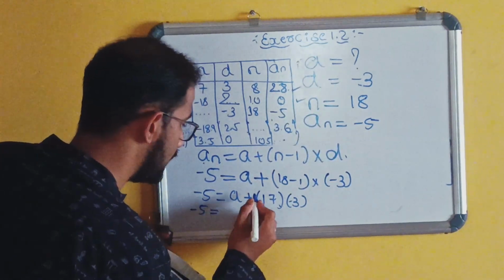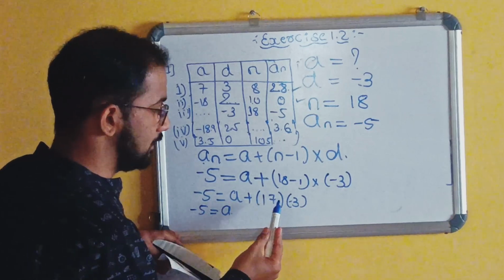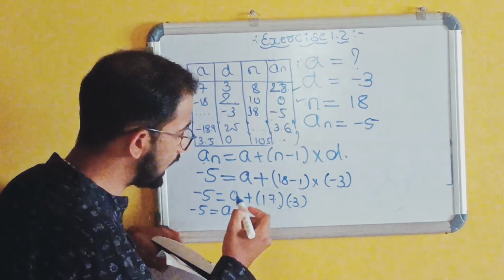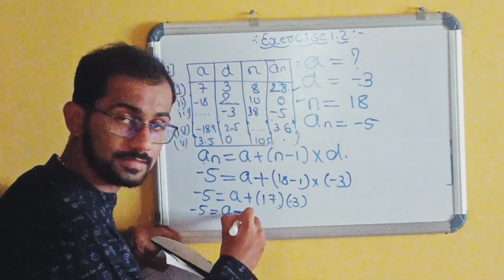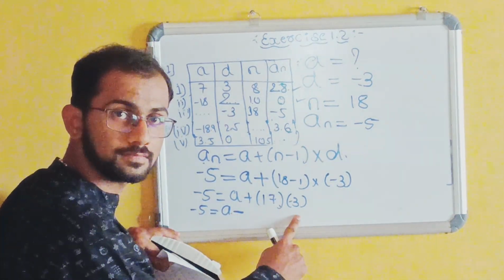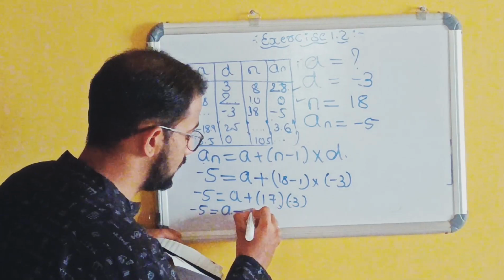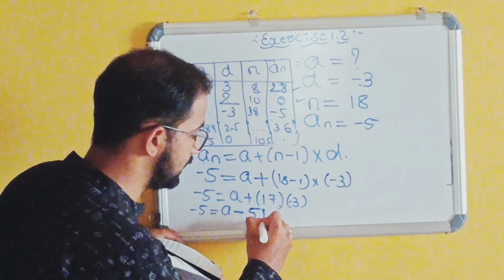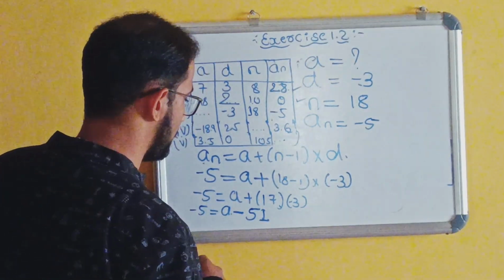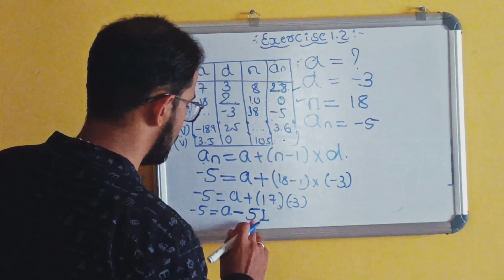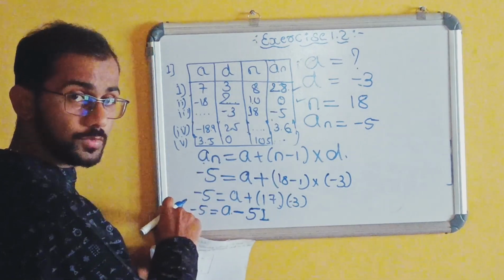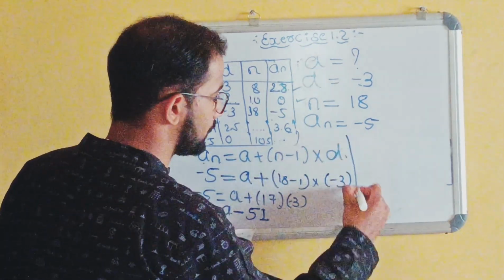Now minus 5 equals A, and plus into minus is minus. Now 17 threes are, what is 17 threes? 51, isn't it? Now shift this 51 to the other side.